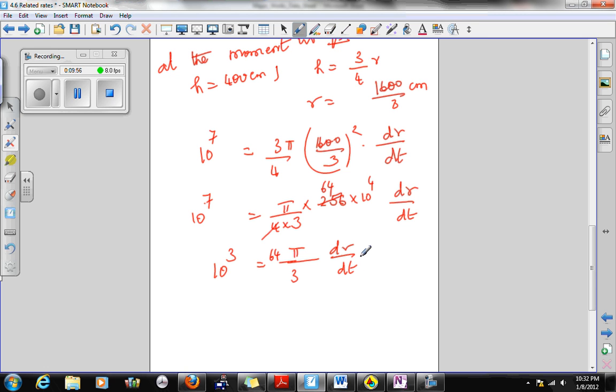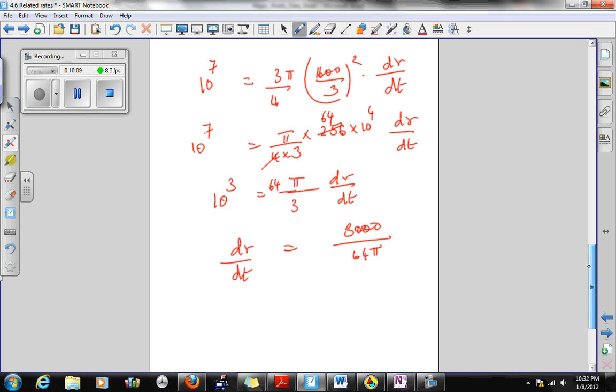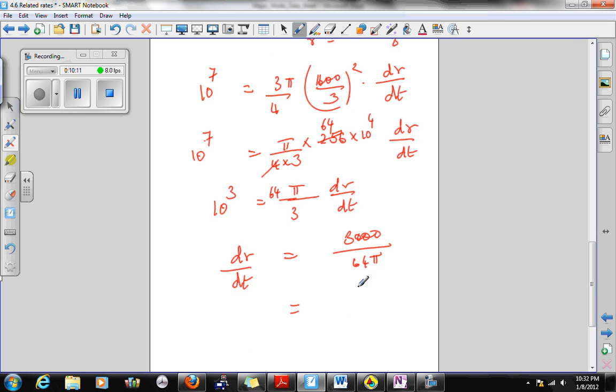If you solve for dr by dt from here, that would be 3000 divided by 64 pi. Both are even numbers, so dividing by 2 gives 1500 over 32 pi.